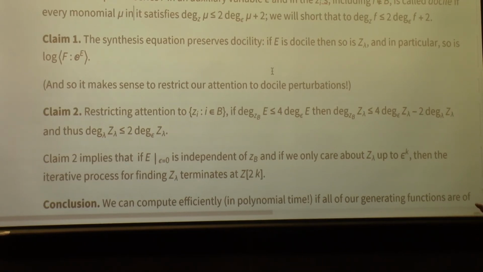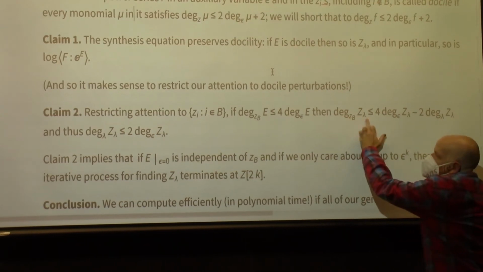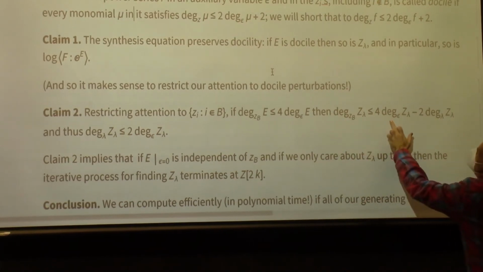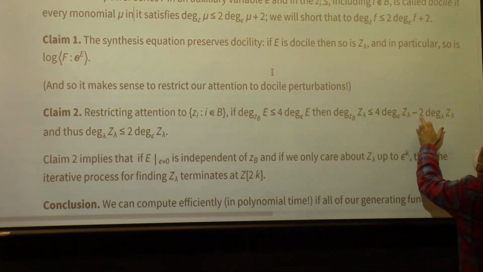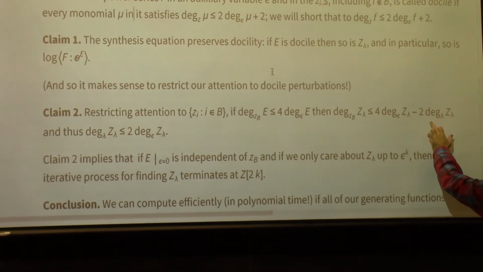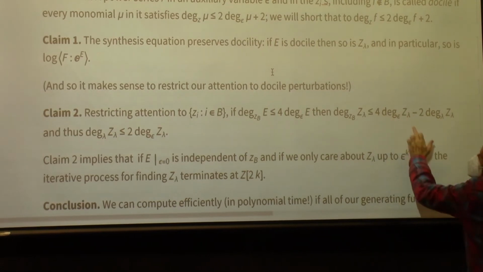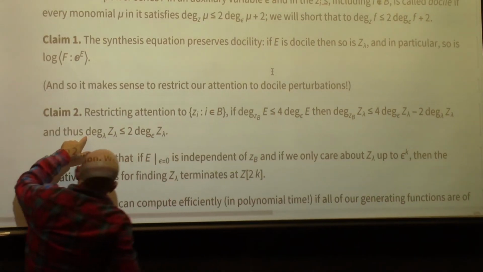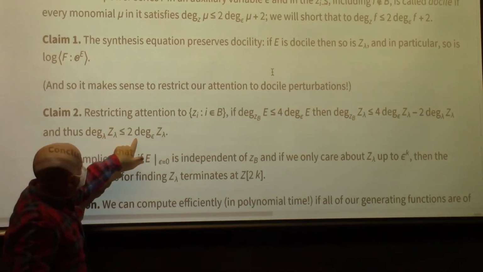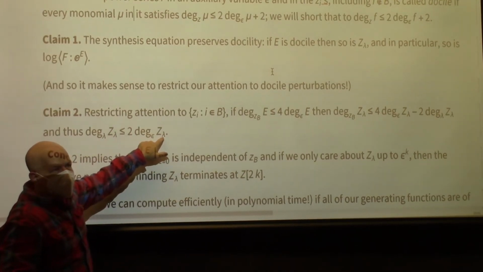It's useful because, since this number is always greater than or equal to 0, it means that 4 times this is greater than twice this, and therefore the degree with respect to lambda of z lambda is less than twice the degree with respect to epsilon of z lambda.